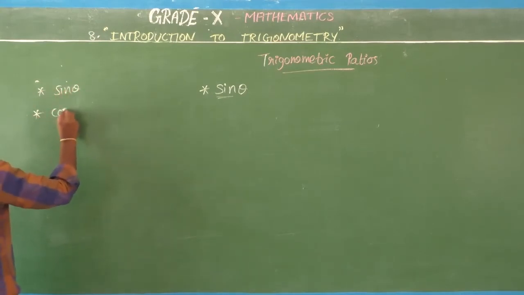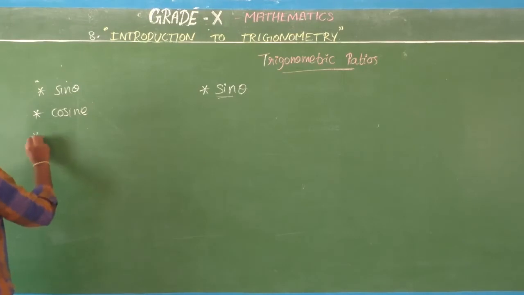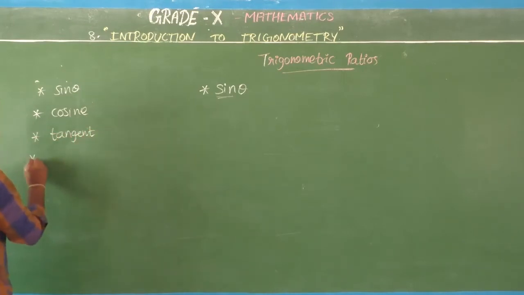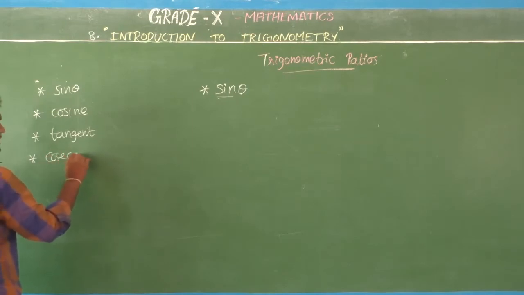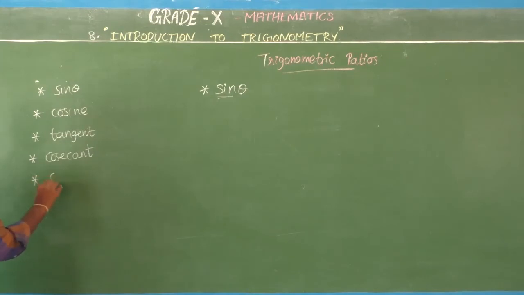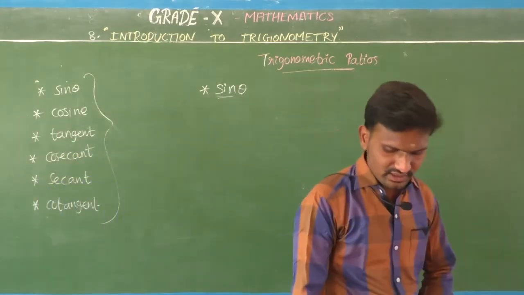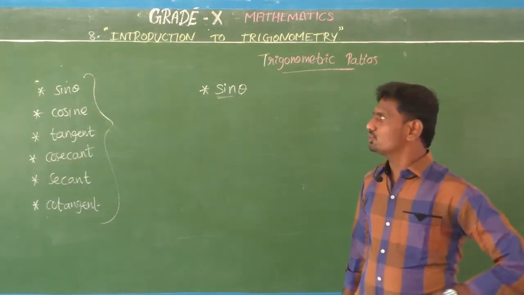The second one is cosine, the third one is tangent, the fourth one is cosecant, then the fifth one is secant, and finally cotangent, cot. Okay, so these are the 6 trigonometric ratios.